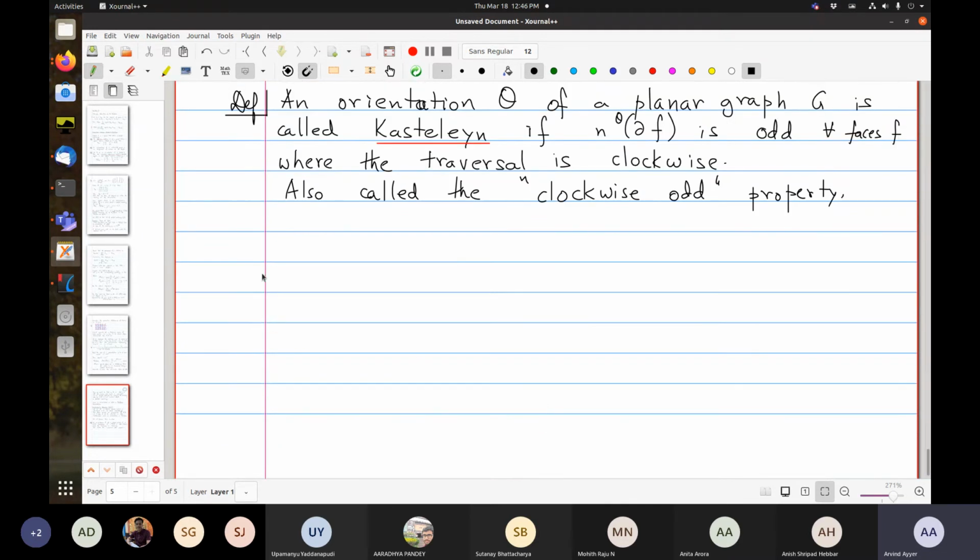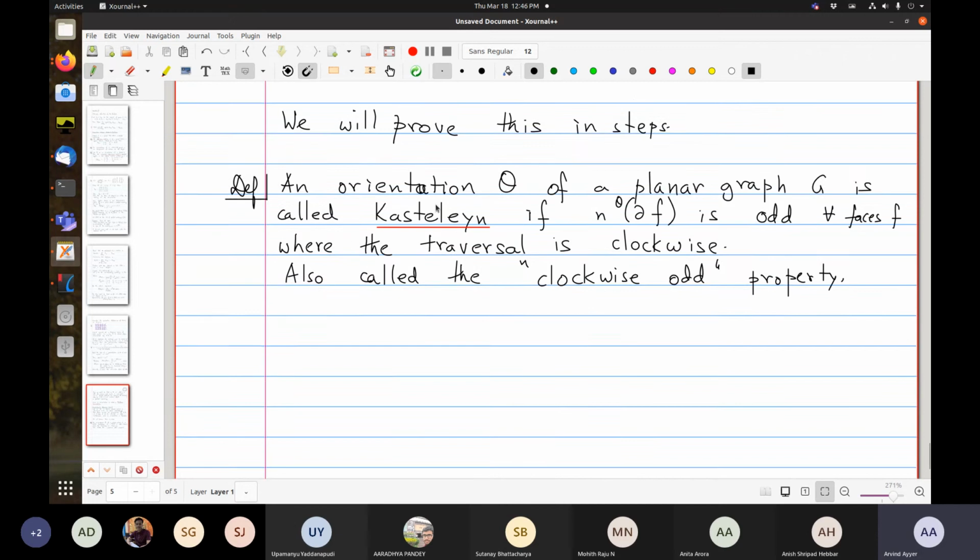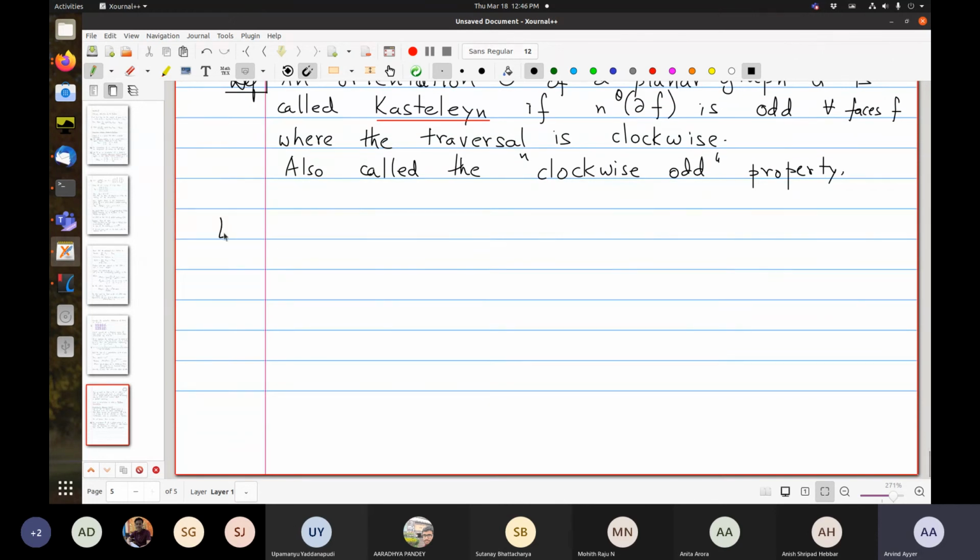So first we'll prove the first part of this theorem. Let's say it is a lemma: there exists a Castellane orientation for any planar graph. To prove this, I need the notion of a planar dual.